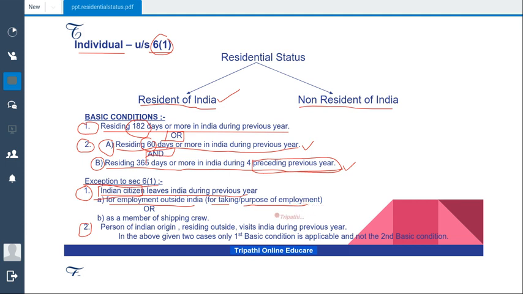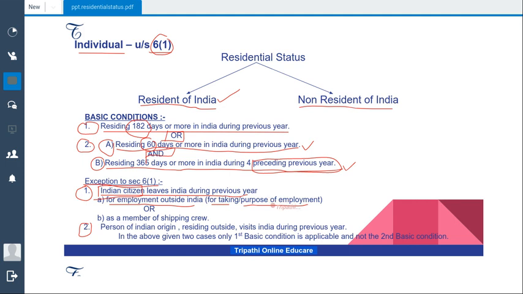Now, what is the difference between for taking an employment and for the purpose of employment? For taking an employment means you are leaving India, you are getting an employment, a job outside India. So permanently you will leave India and you will stay in the foreign country for the job.